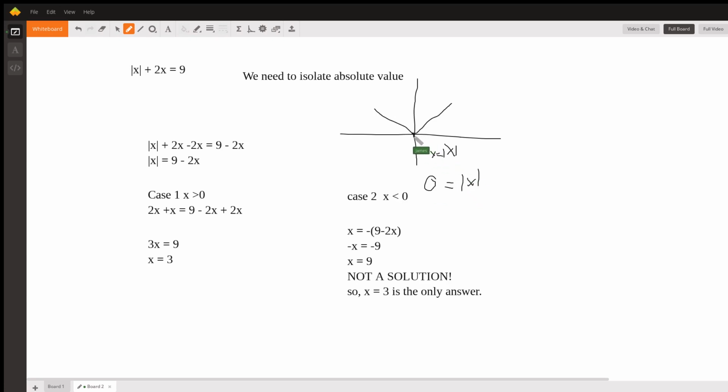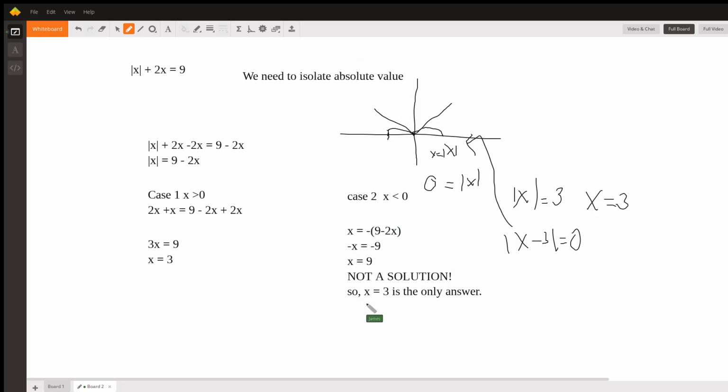If we were to shift this 3 to the left here, we would end up with the absolute value of x equals 3. Sorry, not 3 to the left, but 3 to the right. I was thinking negative 3. So x equals 3 would be the only answer. And this would be the absolute value of x minus 3 equals 0 is the graph that we're looking at. So those are like equivalent equations. Anyway, that's just some extra information for you.